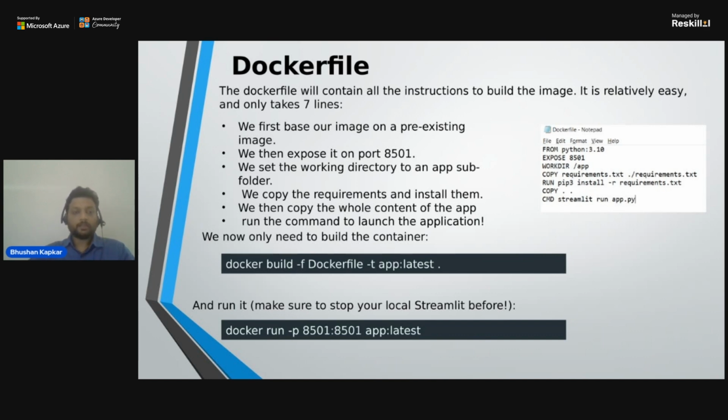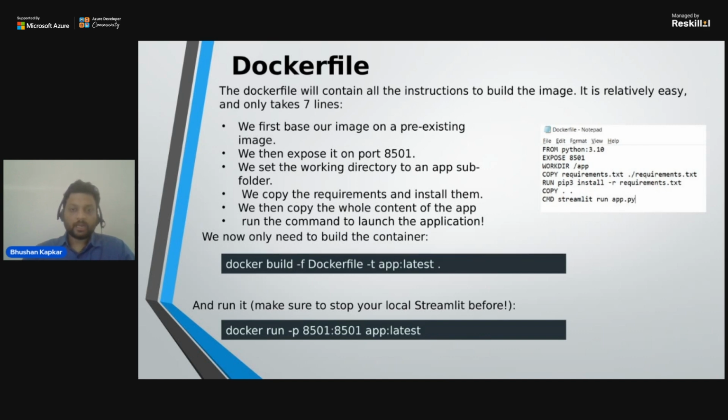We have seen in a previous slide there was a requirements.txt. The requirements.txt had the Streamlit library, and we also have the particular Pandas AI library as well. So those libraries will be part of this COPY requirements.txt.